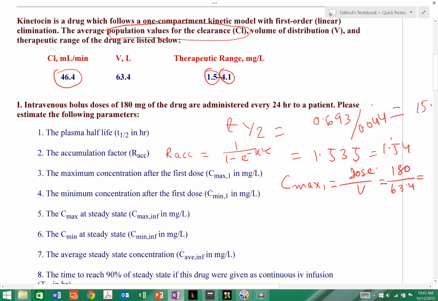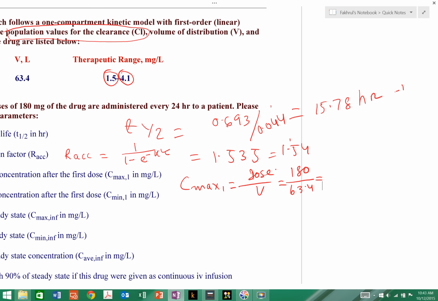So this should give you a value of 2.839. So this is for Cmax.